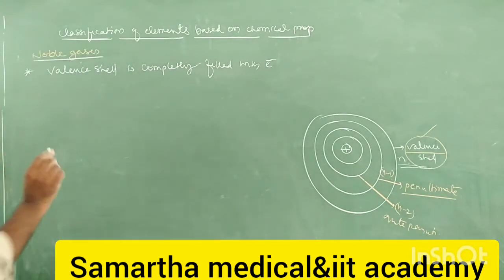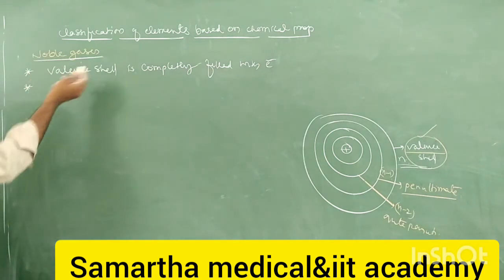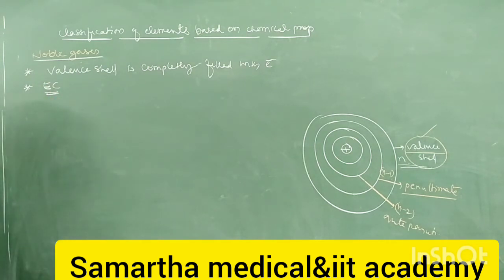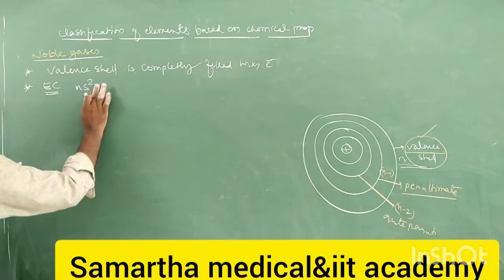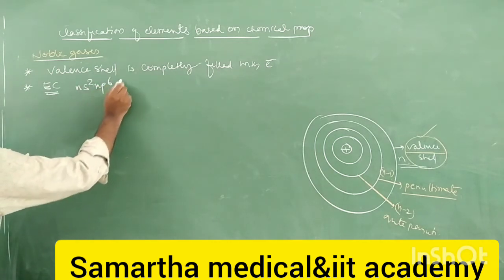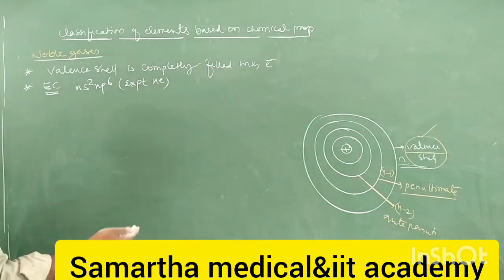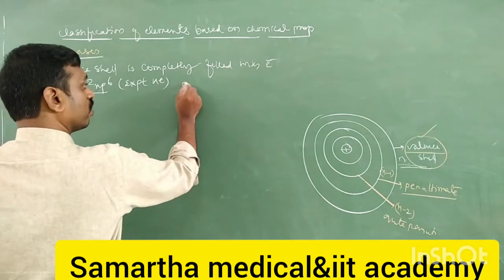Next point. Tell me, what is the general electronic configuration of these noble gases? It is ns2 np6, except helium. This ns2 np6 electronic configuration is called the octet configuration.